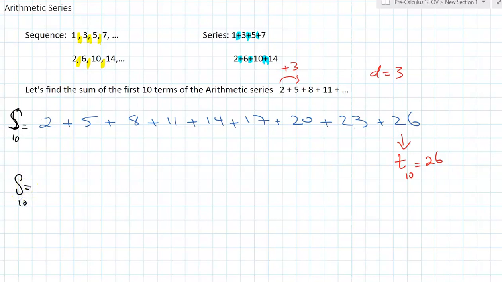I want to show you what happens when you reverse the sequence and write it underneath the original sequence, but obviously in descending order.